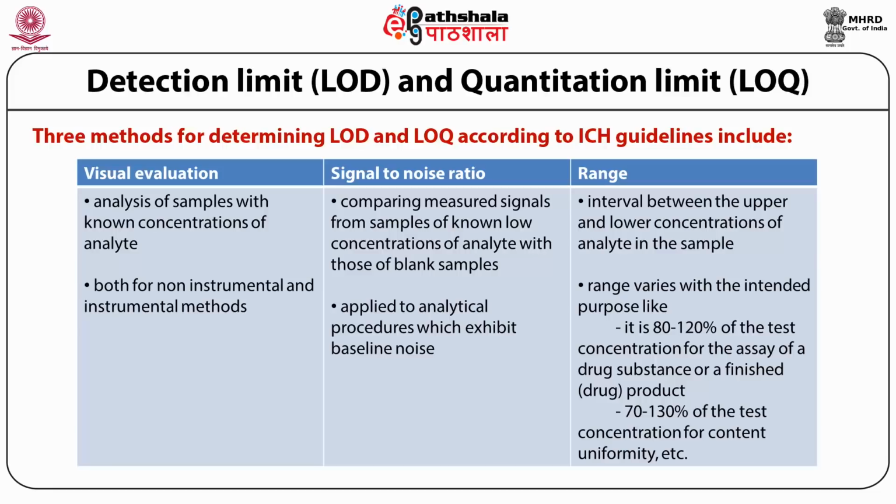A signal-to-noise ratio of 3:1 is considered acceptable for estimating LOD, with relative standard deviation less than or equal to 10%. For limit of quantitation, a signal-to-noise ratio of 10:1 is considered appropriate, with relative standard deviation of 3%.